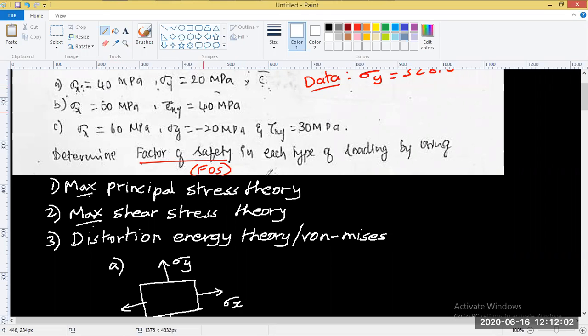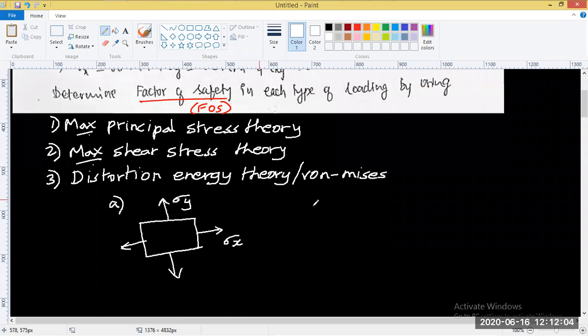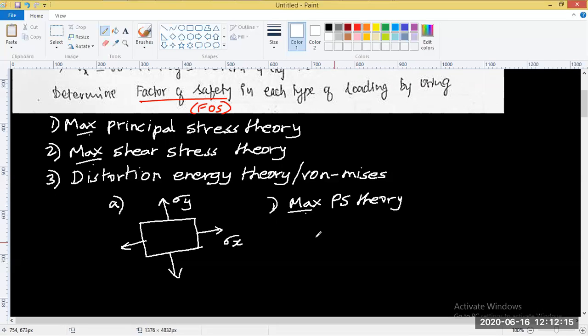So therefore, according to the first theory, that is maximum principal stress theory, sigma 1 will be maximum, that is equal to sigma x.